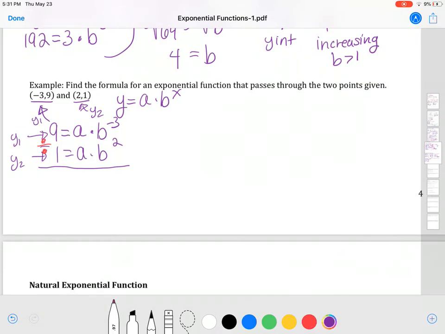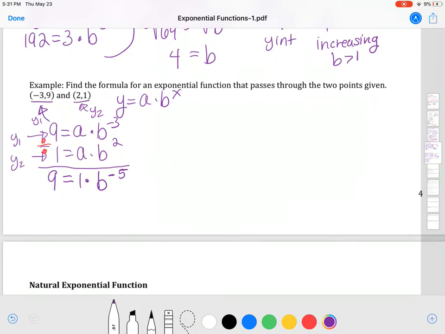When I do that, I get 9 divided by 1 is 9. A divided by a is 1, and that's how we get rid of that a. And then b to the -3 divided by b squared is going to be b to the -5, because when you divide like bases, you subtract your exponents.